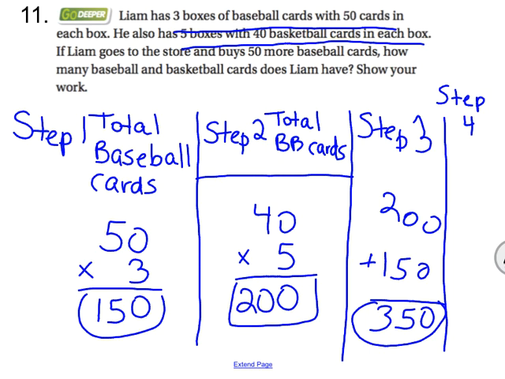I have to show that in my last step. So the answer to the question, Liam has 400 baseball and basketball cards. Okay.